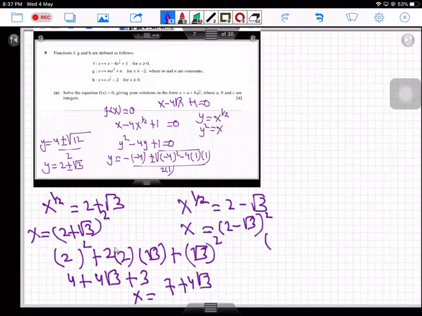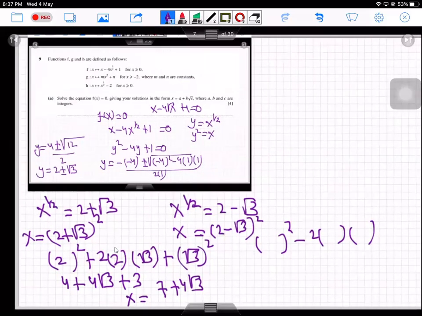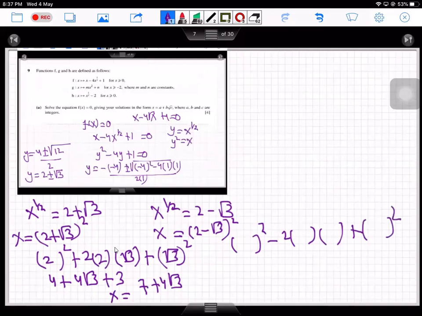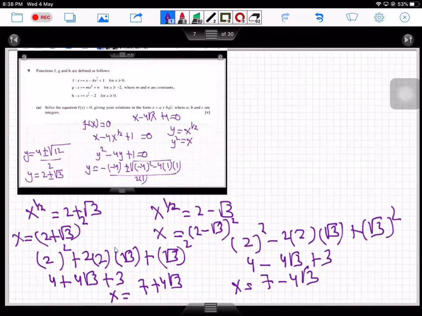And over here, a square minus 2ab plus b square. So 2 root 3. So 4 minus 4 root 3 plus 3, which is 7 minus 4 root 3. These are the two possible values of x. Therefore, x equals 7 plus minus 4 root 3.